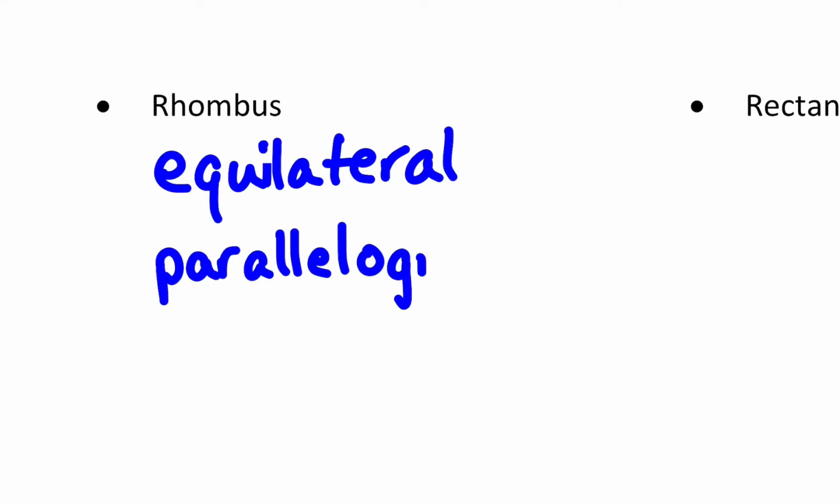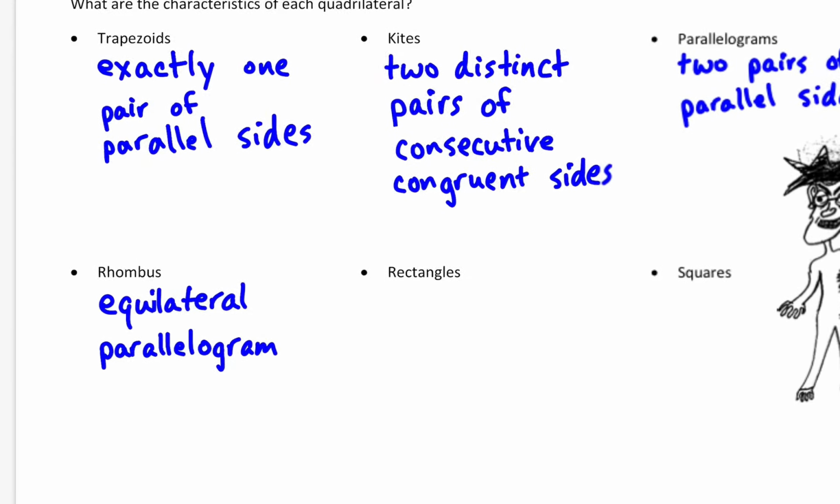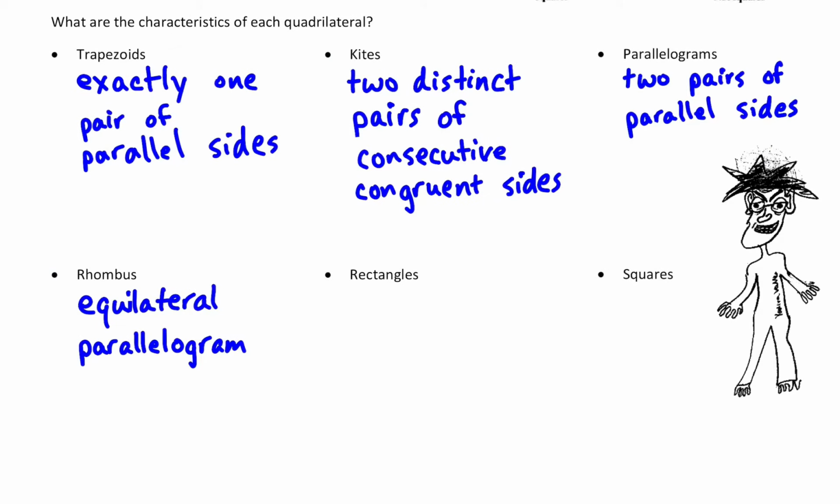So we use what we know about parallelograms to say something about the rhombuses. Parallelograms have two pairs of parallel sides. So that means that a rhombus must also have two pairs of parallel sides and be equilateral.